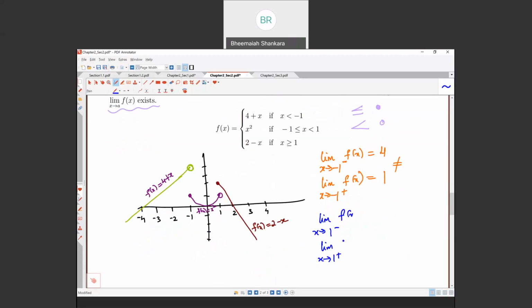Now let's again read the graph carefully. Approaching 1 from the left, the value of the function is 1. Approaching 1 from the right, the value of the function is 1 again.